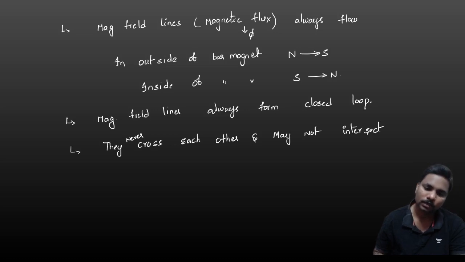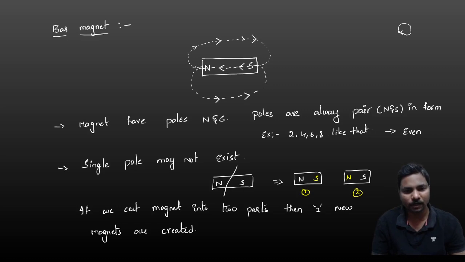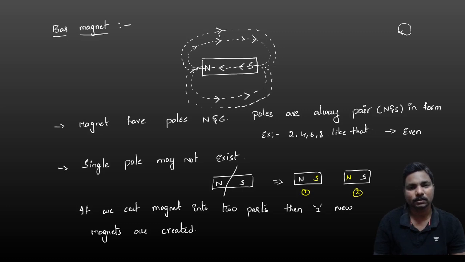If we have another field line, it will flow parallel like this. One may not cross, one may not intersect.